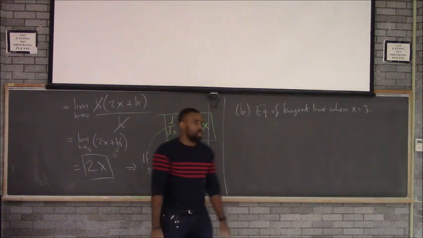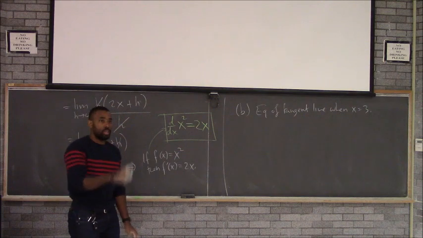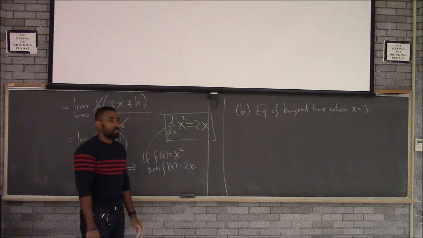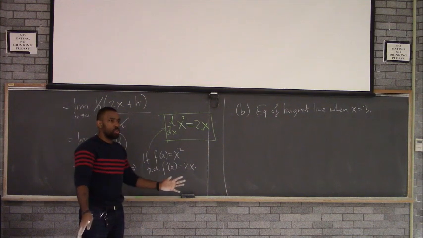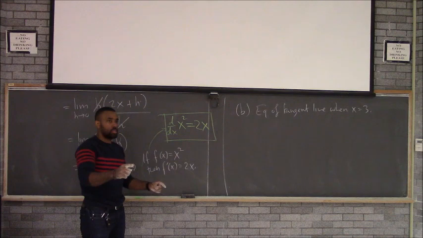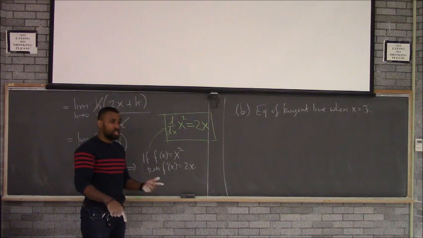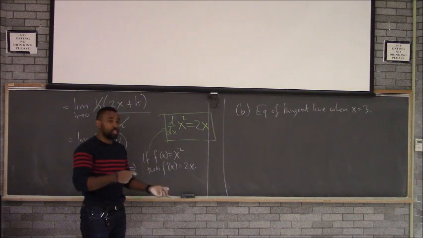What do we need to find the equation of a line? Maybe you can do the derivative and then substitute for x. Yeah. In general, what do we need to find the equation of a line? The y-intercept and the slope, or more generally, a point and the slope, right?